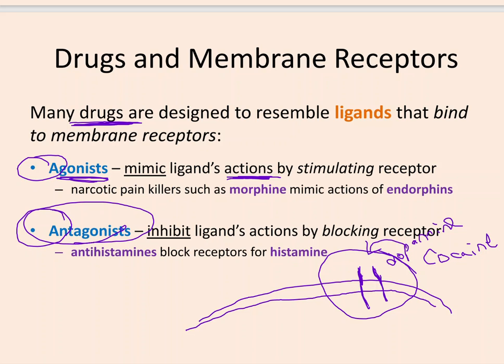A good example of an antagonist are going to be your antihistamines. So antihistamines are going to block the receptor from receiving the message, from receiving an allergic response. So if you are allergic to, say, tree pollen, like I am, then the antihistamine is going to block the receptor for that histamine, because your body will produce histamine in response to pollen entering through the nasal cavity.